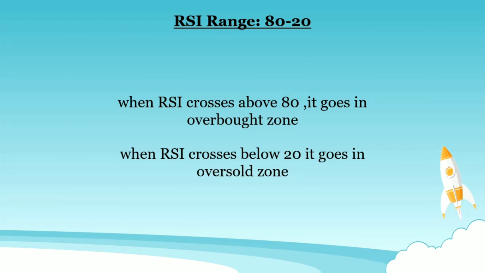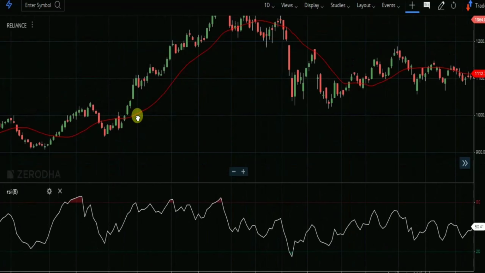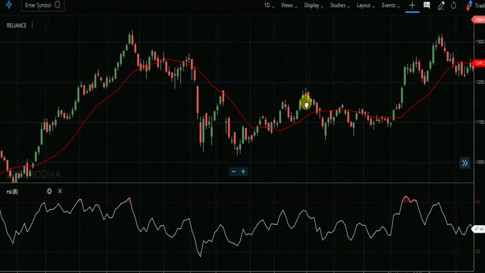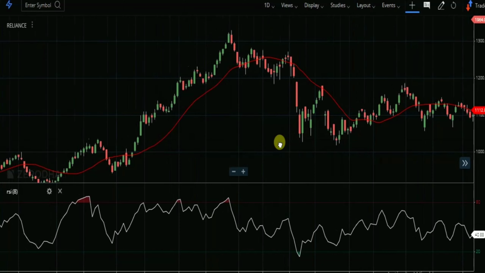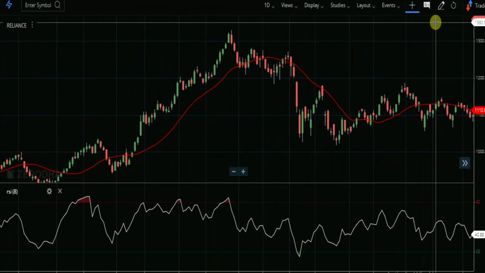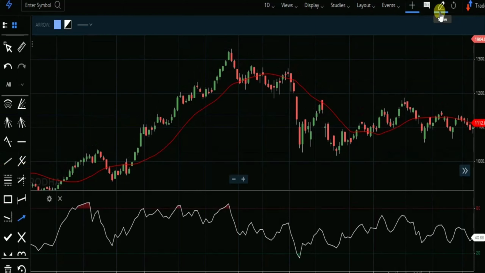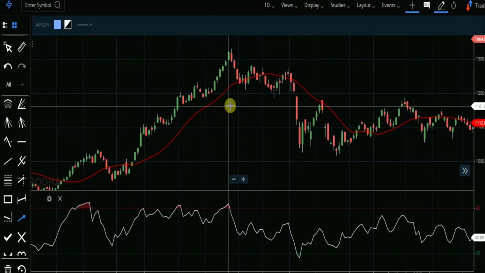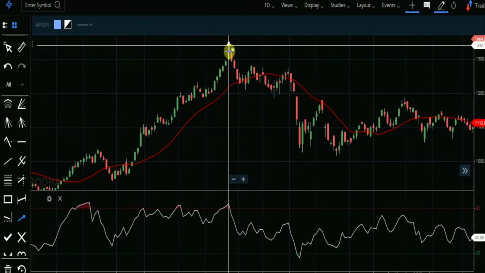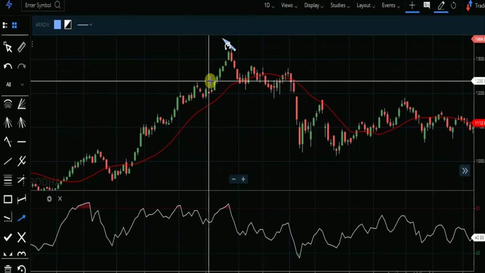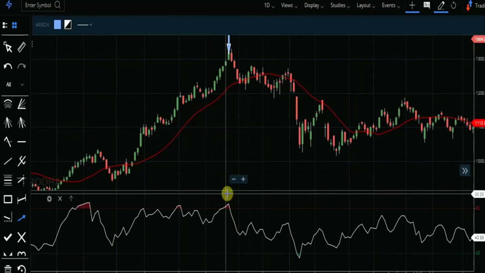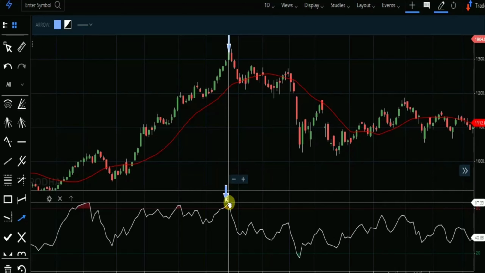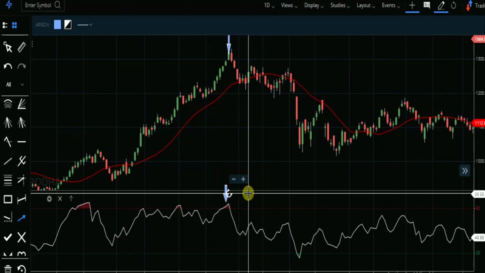Now let's see some examples of the 80-20 range. Here you can see RSI was above 80, so it went to the overbought zone, and price was also at the top. So the reversal happened in the price and RSI started coming down, so price followed the RSI.